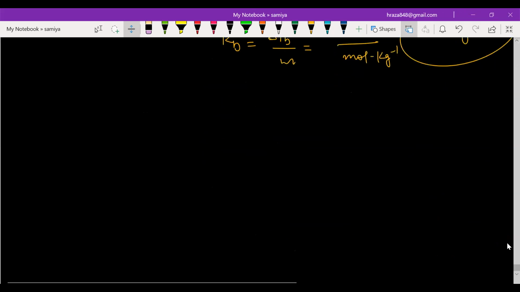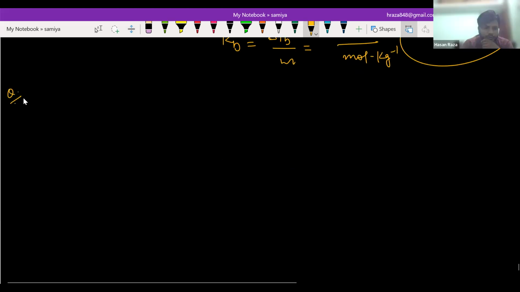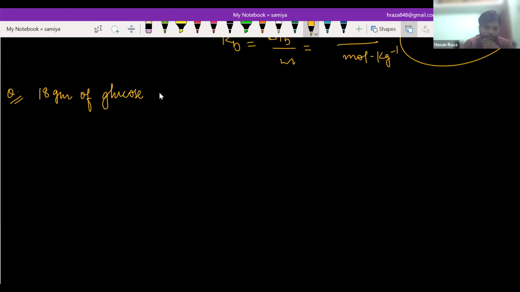Okay, so I'm going to give you a question. 18 gram of glucose dissolved in 1 kg of water.